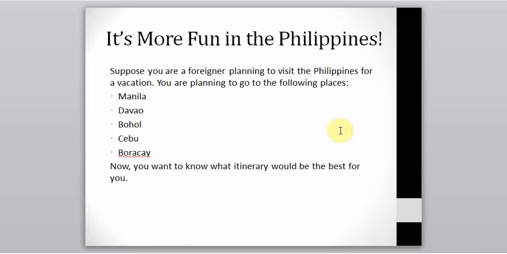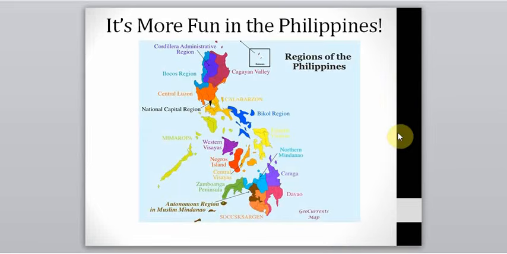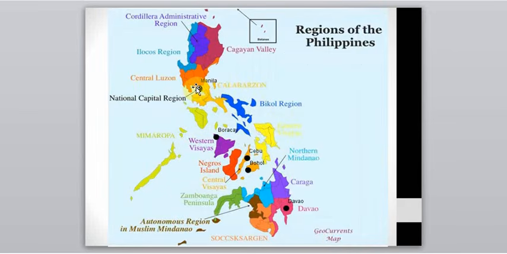So we have here the map of the Philippines, and let's identify the places that you're planning to visit. So you have Manila, Boracay, Cebu, Bohol, and Davao.